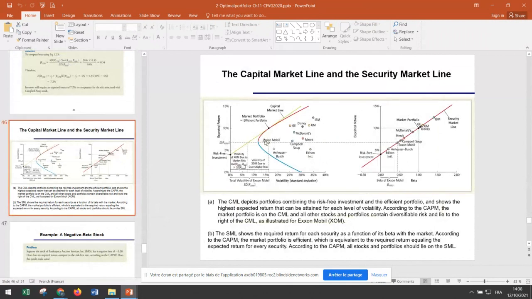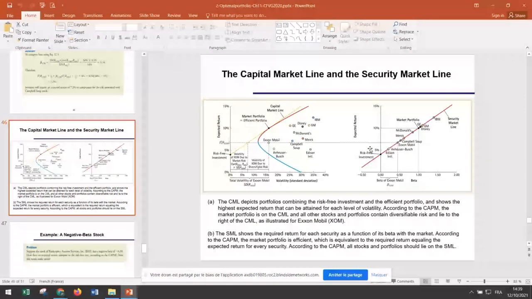As you can see here for Exxon, where you plot total volatility against expected return, you can cross the line and reach the point where you touch the efficient market portfolio. This is measured in the form of systematic risk, which we define as beta. And this beta allows you to derive, for ExxonMobil with a given beta, the expected return.